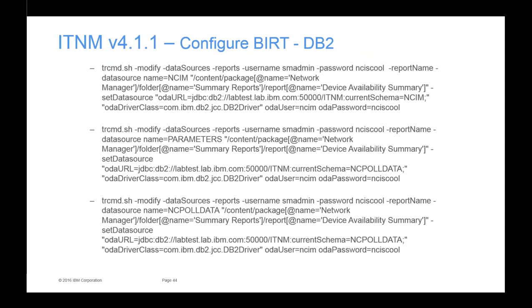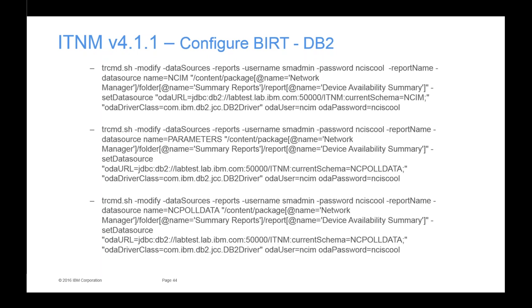So once you've restarted your JAS server, you can now run basically the same commands to configure BIRT as you did for Oracle. There's just a different driver and a little bit of different syntax when you do this, and you'll do the same thing. You'll do 3 commands, one for NSIM, one for parameters, and one for NC poll data, and then you'll do a 4th if it's TDW. The 4th one for TDW basically replaces the configuration option for NC poll data that you see here at the bottom.